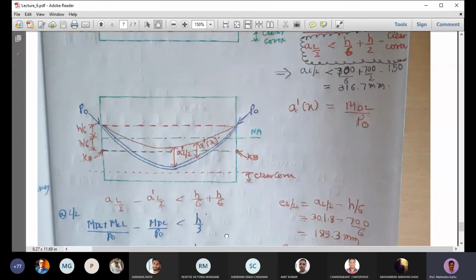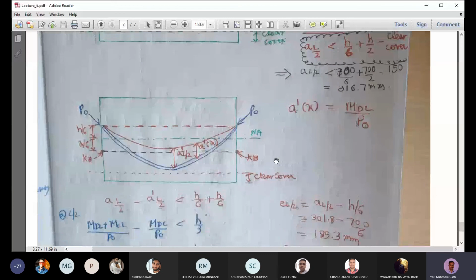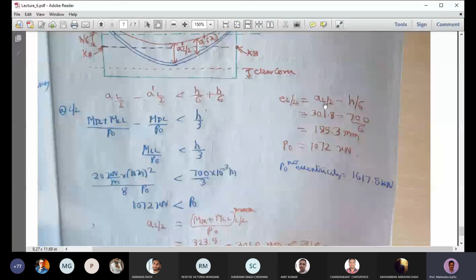And yeah, we can find out the eccentricity of the cable with respect to the neutral axis. So we have to find this maximum eccentricity, which will be aL/2 minus h/6. So at the center span we get aL/2 minus h/6. So 301.8 minus 700 by 6, we get 185.3.